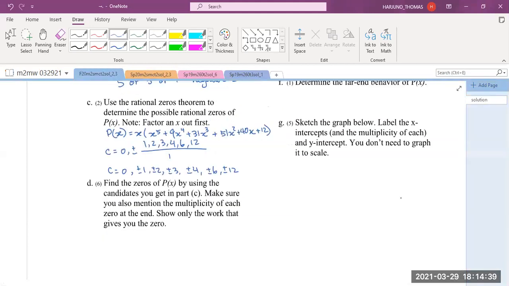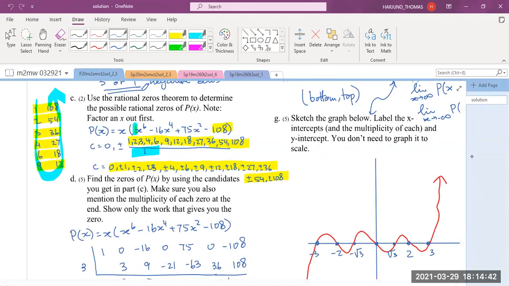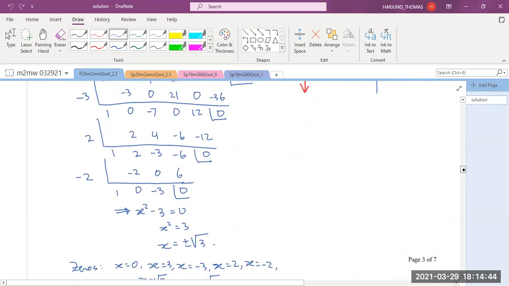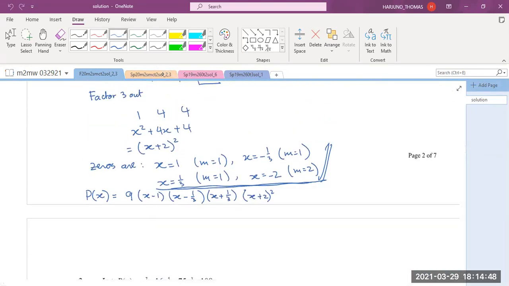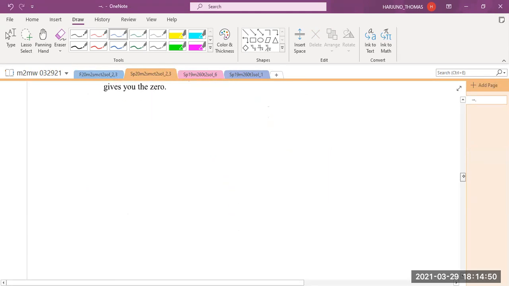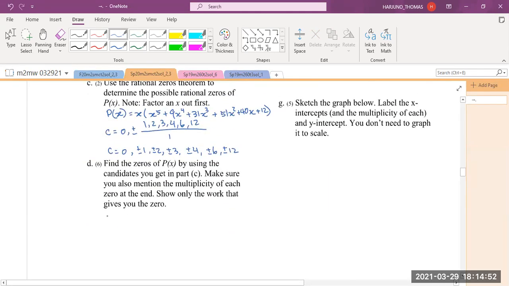Earlier, did I mention that? Yes, I need to mention 0 is a 0 though. So P(x) equals x times (x^5 + 9x^4 + 31x^3 + 51x^2 + 40x + 12).